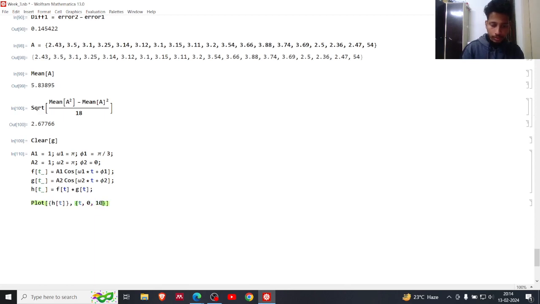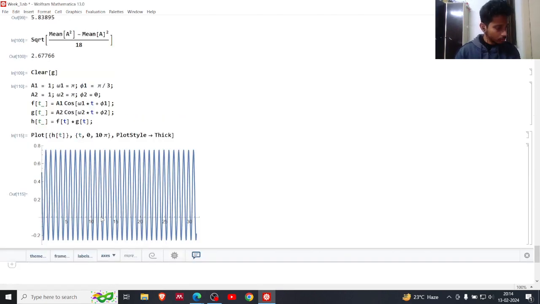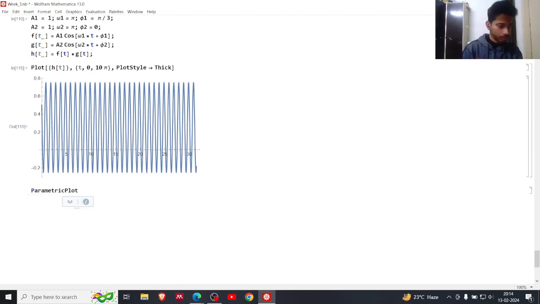T from 0 to 10 pi. Now we'll do a parametric plot where f t comma g t, from 0 to 100, with axis label.